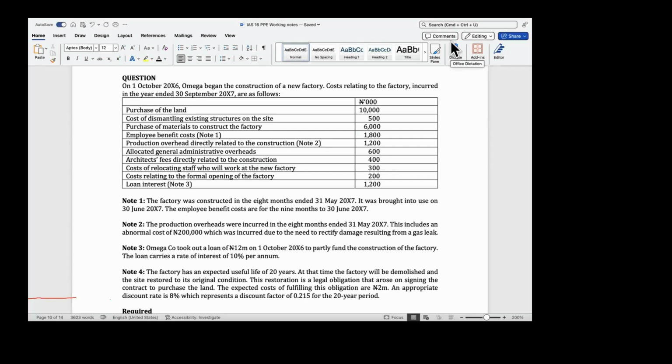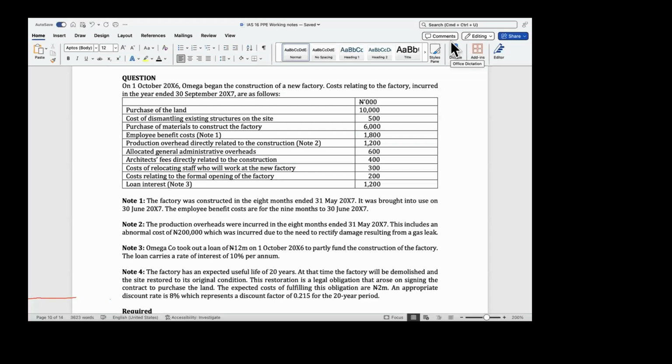Cost of relocating staff who will work at the new factory is 300. Cost relating to the formal opening of the factory is 200. Loan interest, under note 3, is 1,002. Note 1. The factory was constructed in the 8 months ended 31st May 2007.